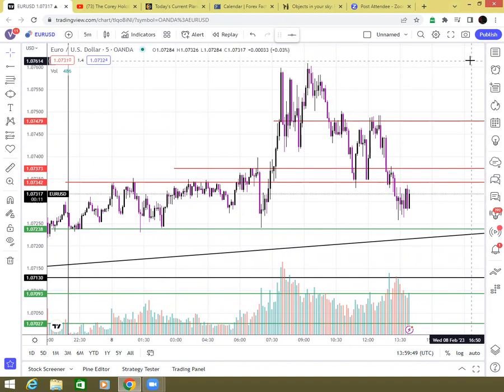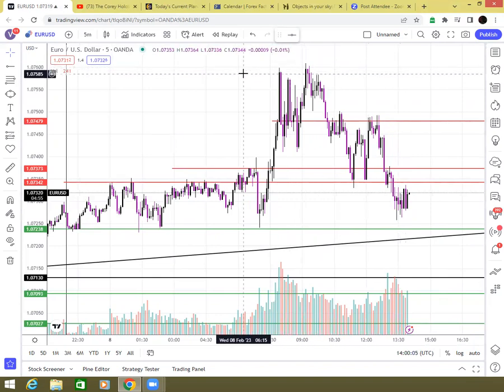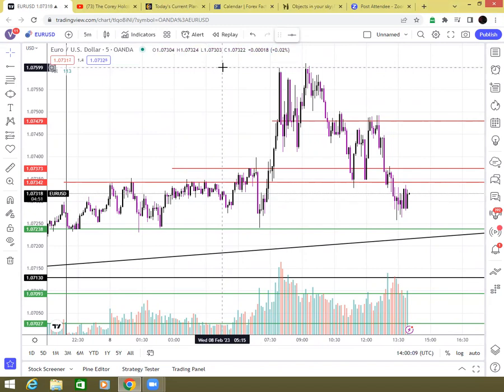This is more of a scalping thing. This is not swing trading, anything like that. This is more of getting in, getting out on a 5 minute, getting your money, getting out, and recognizing the algorithm that the market is trying to show at the given time.